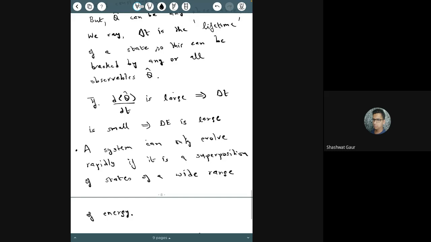So let me tell you what can be confusing. In spectroscopy, there are experimental techniques which tell you that they're measuring the lifetime of a state. But they know exactly the two states between which the system is transitioning. So that delta t is between two fixed states.